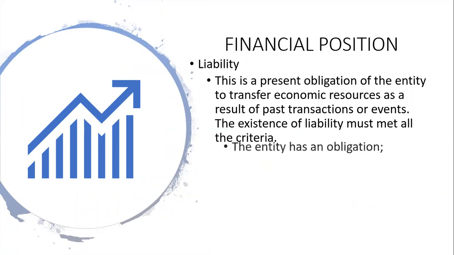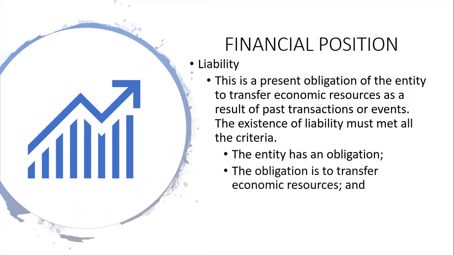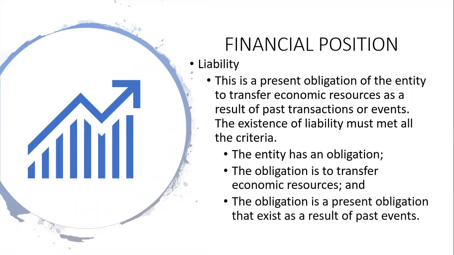The first one is that the entity has an obligation, meaning it has an utang. Of course, utang is paid, so there is a transfer of economic resources. You will pay it. And the next one is that the obligation is a present obligation that exists as a result of past events.